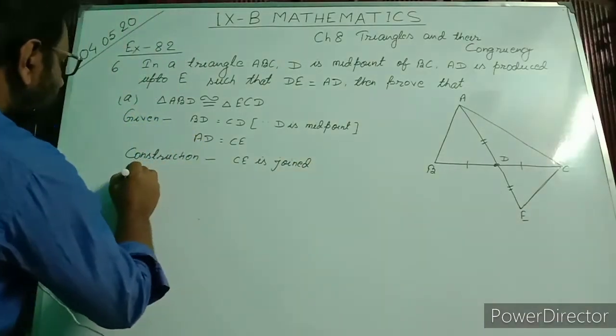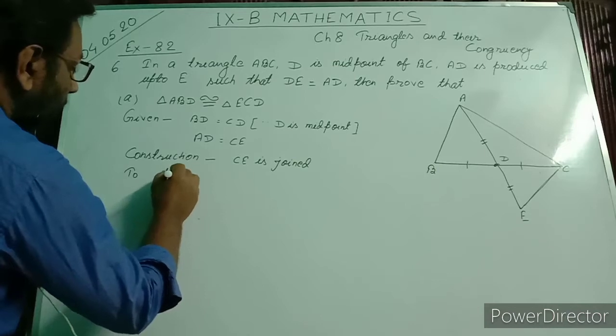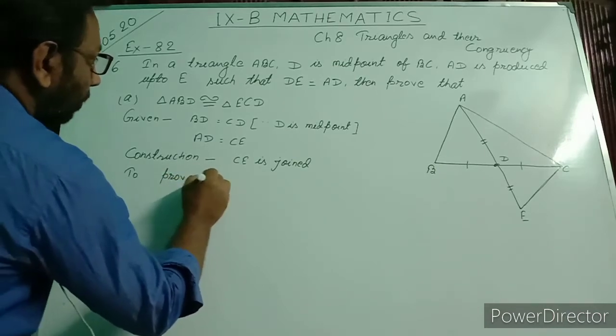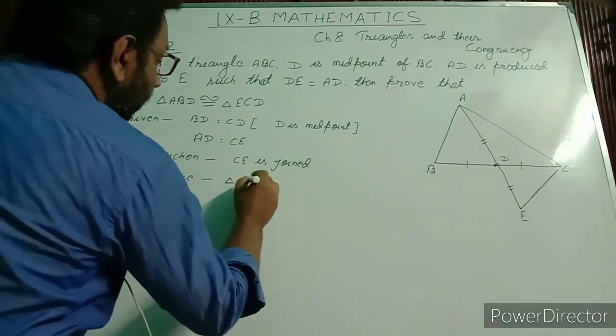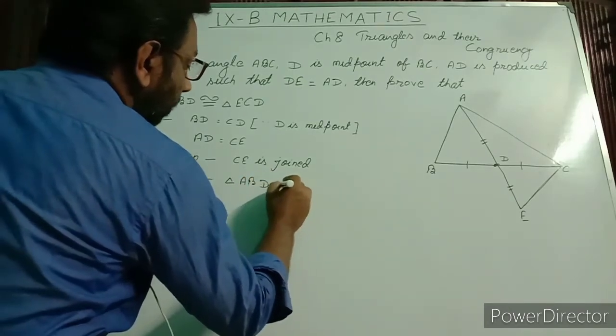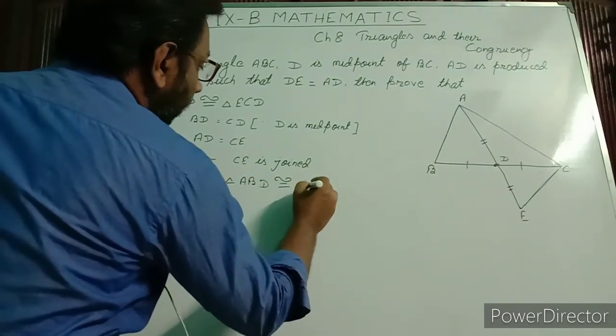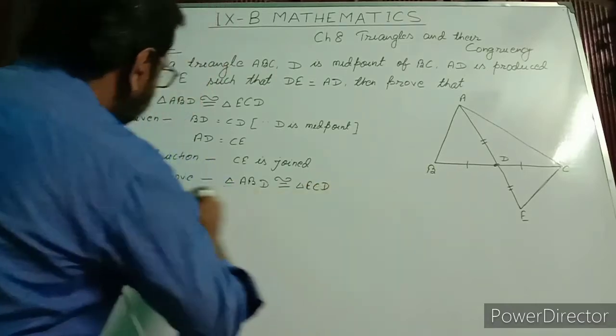Now what is to prove? To prove triangle ABD is congruent to triangle ECD. Then proof.